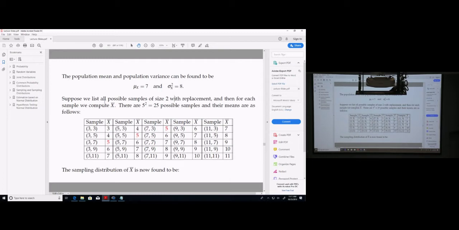Okay, suppose we list out all possible samples of size 2. All right. So this is an illustration. So for example here, the first number you draw is a 3. The second number you draw is also a 3. All right. And when you calculate the mean of the sample, it is 3.